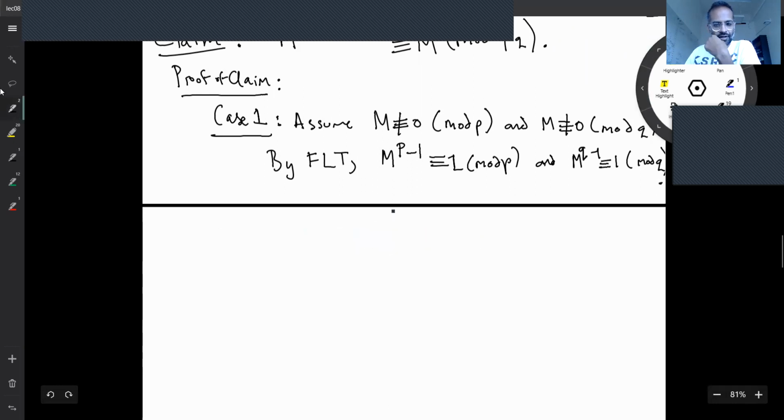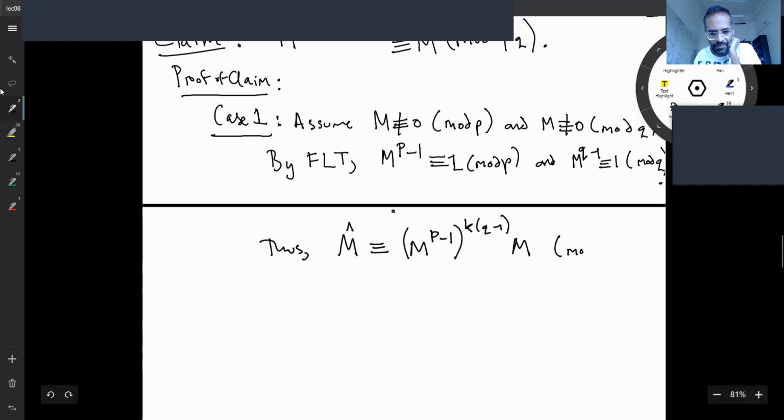Now I'm going to observe that this quantity that I care about, m hat, is congruent to m to the p minus 1 raised to the k times q minus 1, times m mod p.